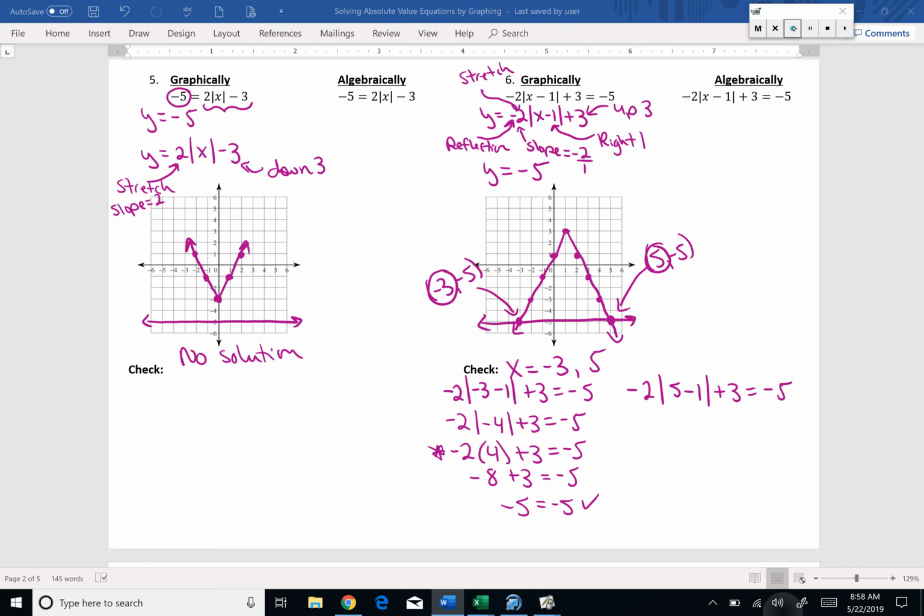I have to do what's inside the absolute value bars first. I have to find absolute value next. I have to multiply next. And then I have to add.